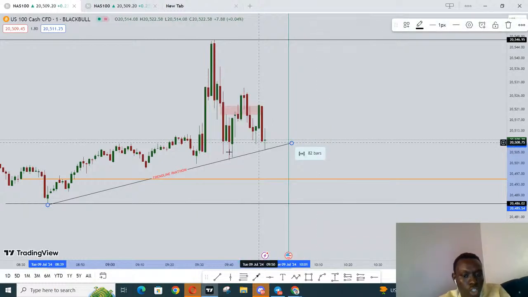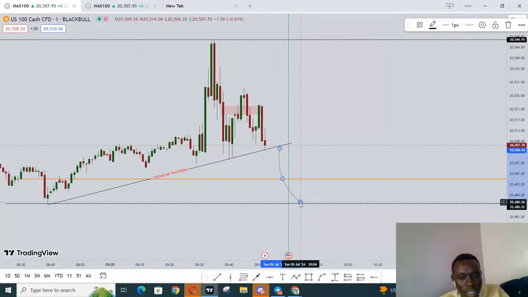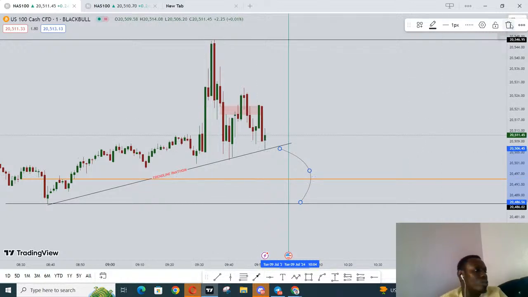This is just a bunch of sell side liquidity that the market will sweep. The market cannot let this liquidity go, so the market will take out these liquidities.